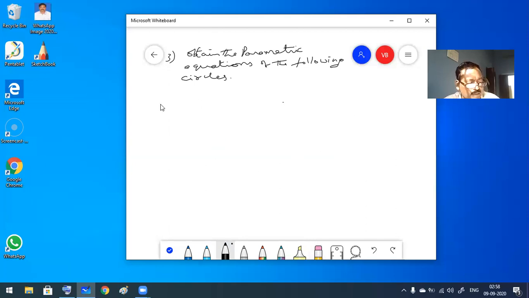Okay. Third question. X minus 3 whole square plus y minus 4 whole square is equal to 8 square. Okay. So find the parametric equations of the circle. Okay, what is the formula here?